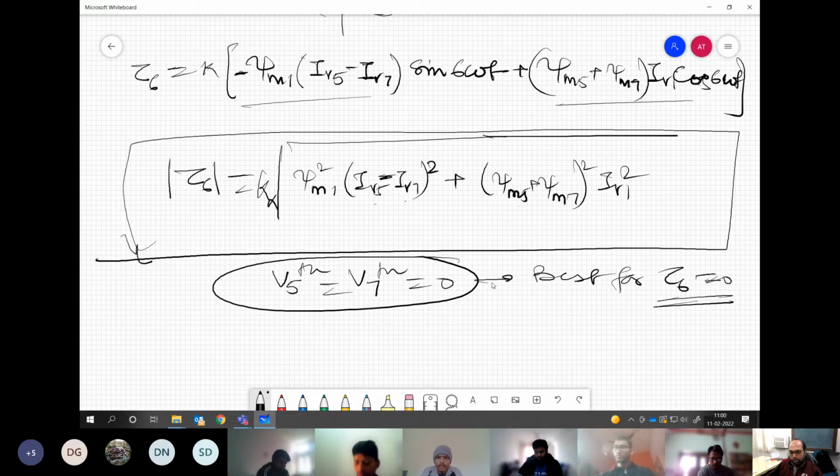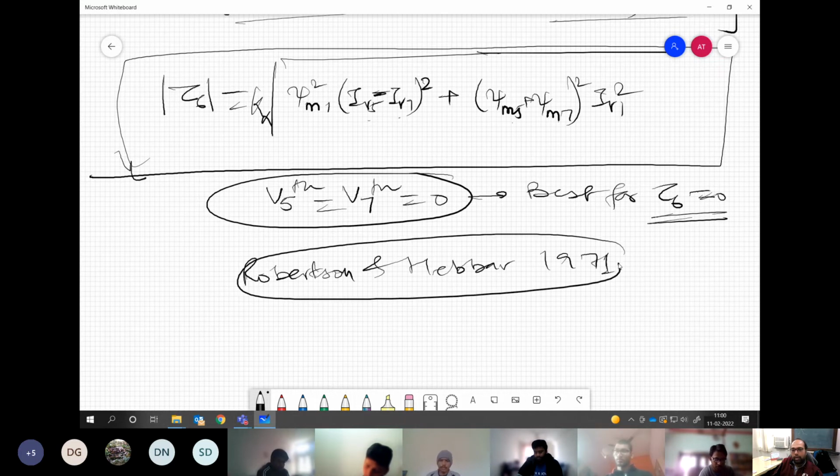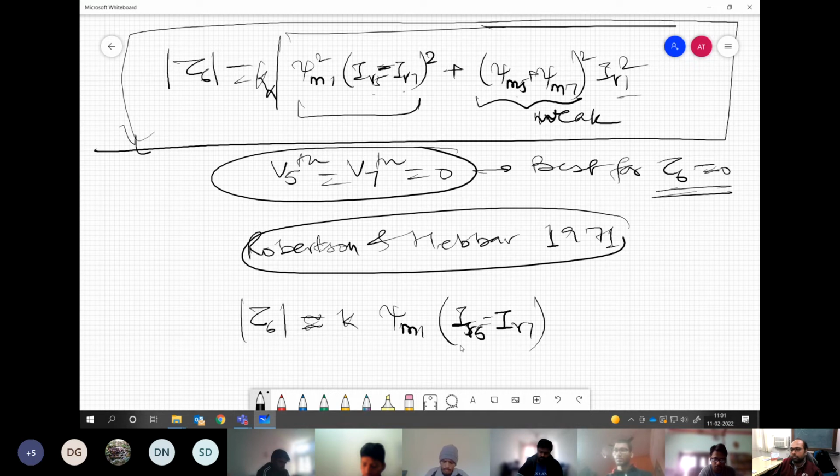Now, most of the books are written on the basis of the paper by Robertson and Hepburn in 1971. They have given that this component is a little bit weak compared to this component. So they have simply ignored the other component which is associated with IR1, and they have regarded tau 6 as k times psi m1 (IR5 minus IR7).